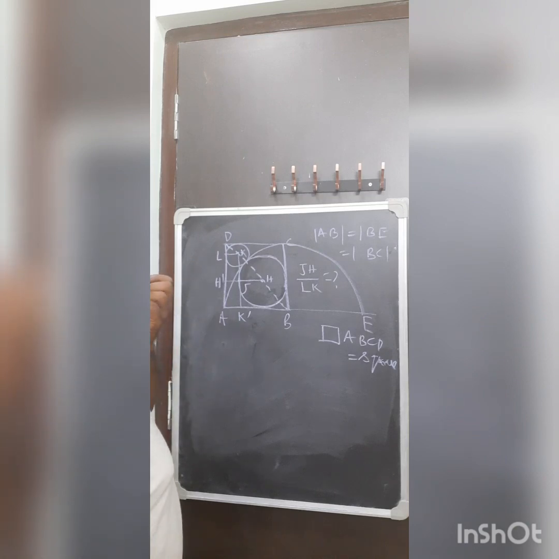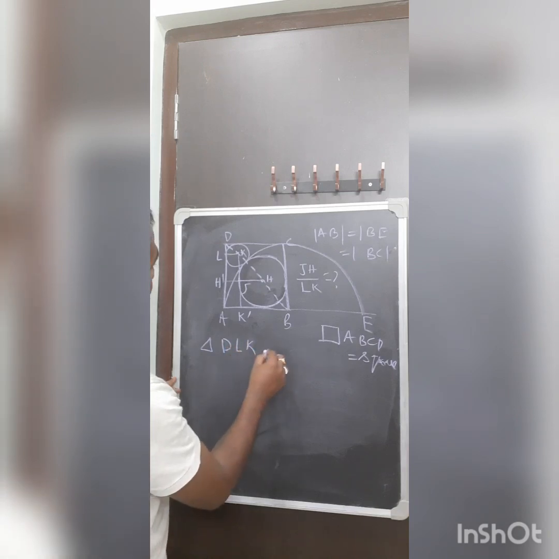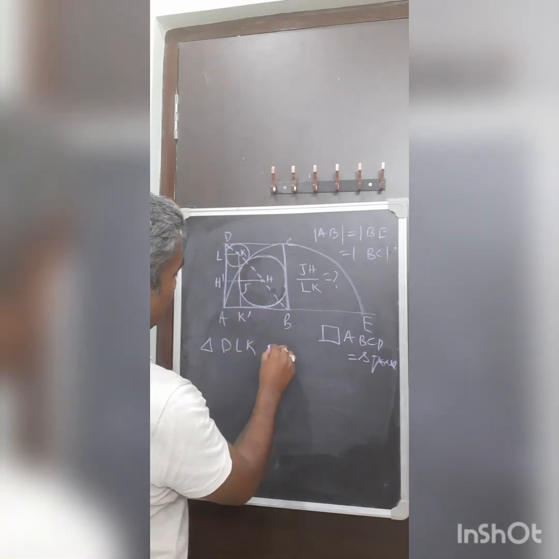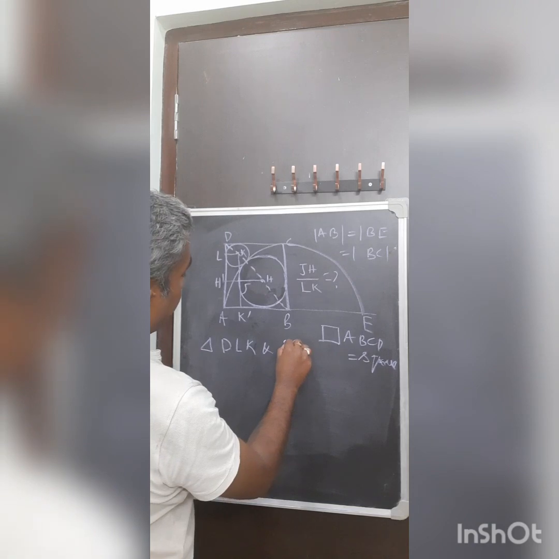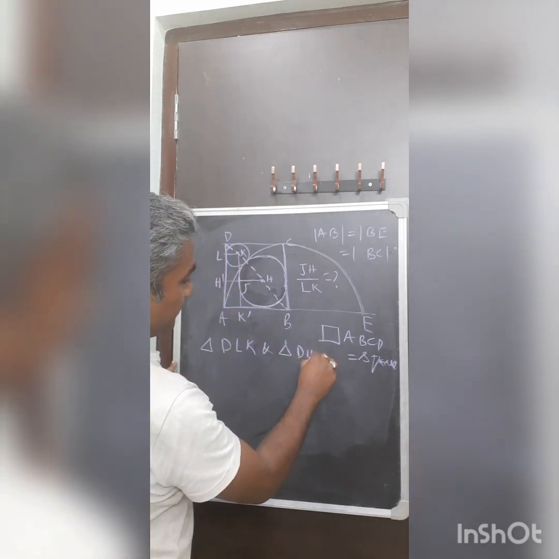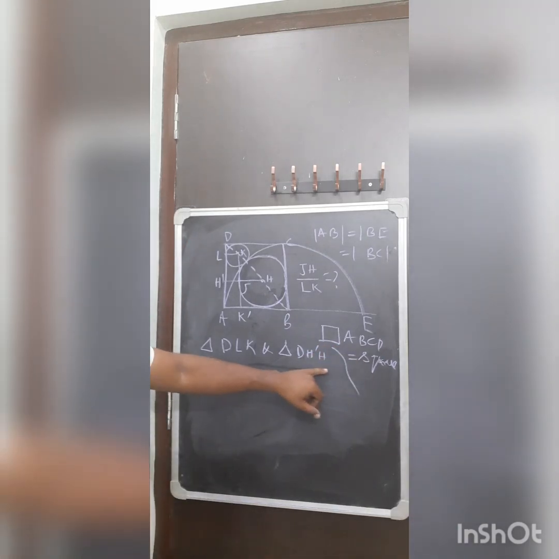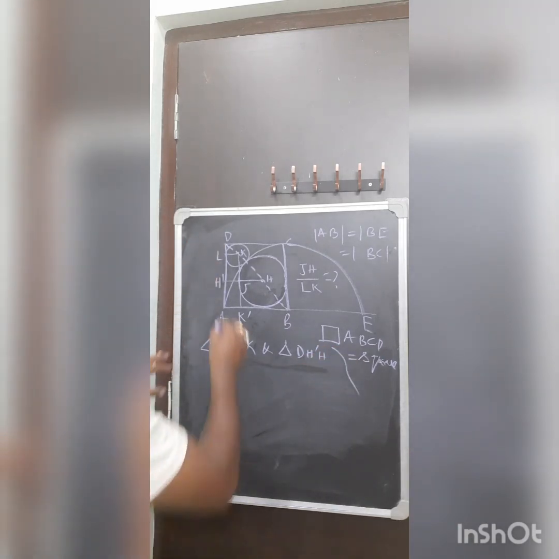Okay, so if I see these two triangles, triangle DLK and triangle DH'A, I can say these are similar triangles. Why similar?